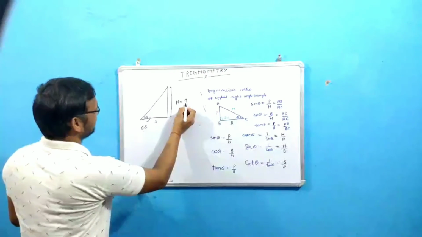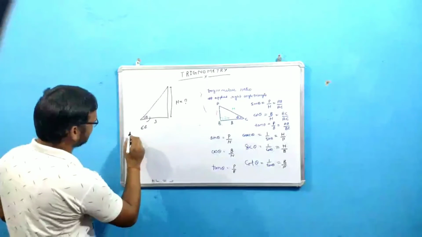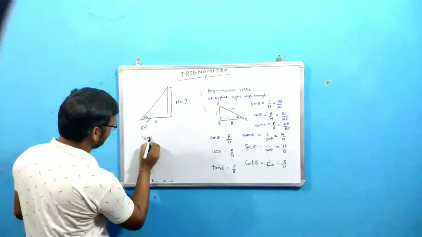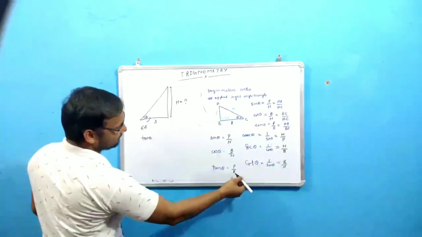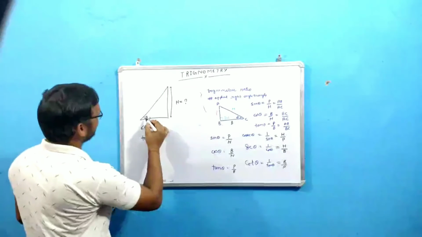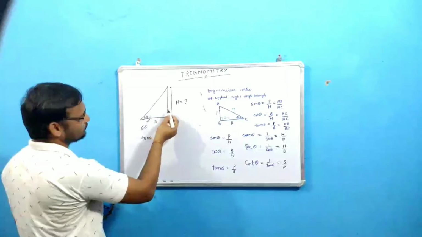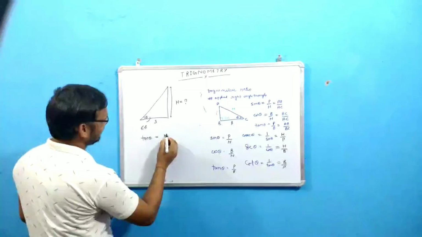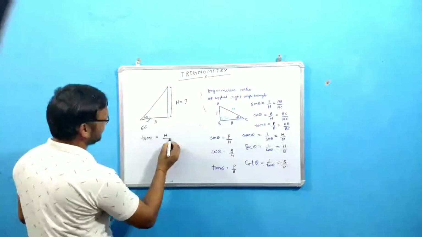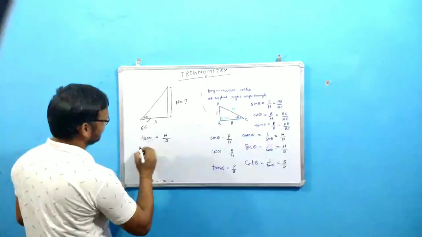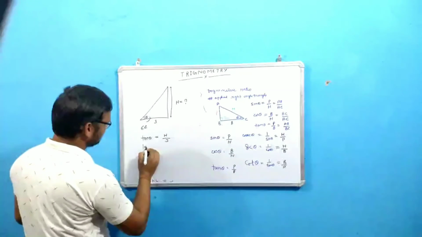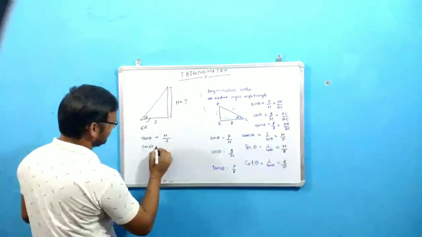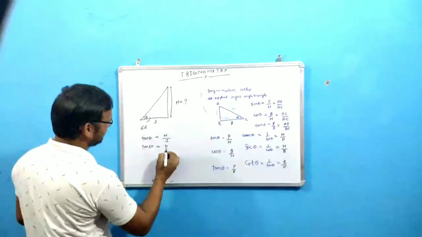So tan theta is equal to perpendicular upon base, because the side in front of theta is the perpendicular. Perpendicular means h, and base means 3, so tan 60 equals h upon 3.